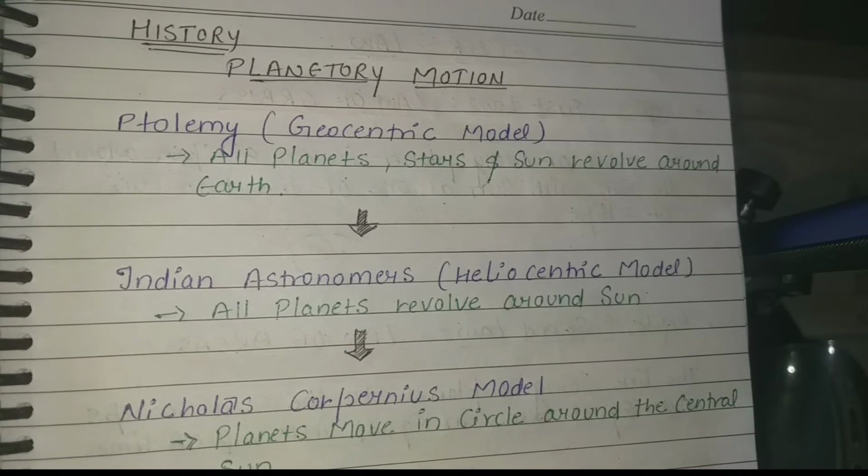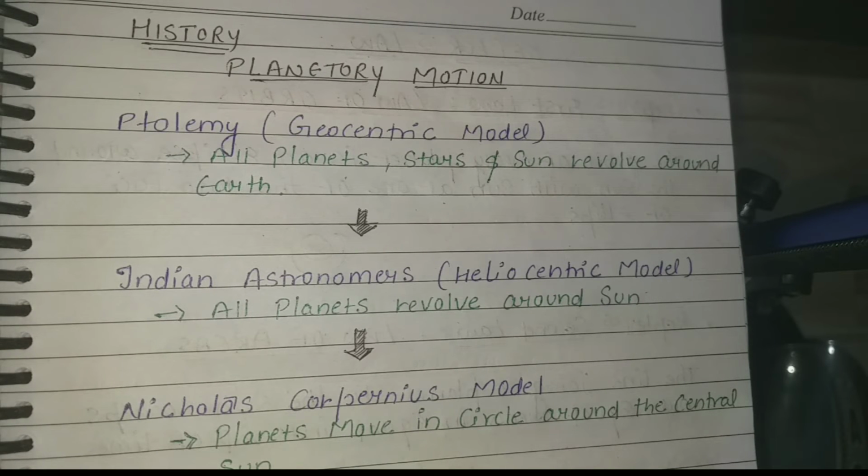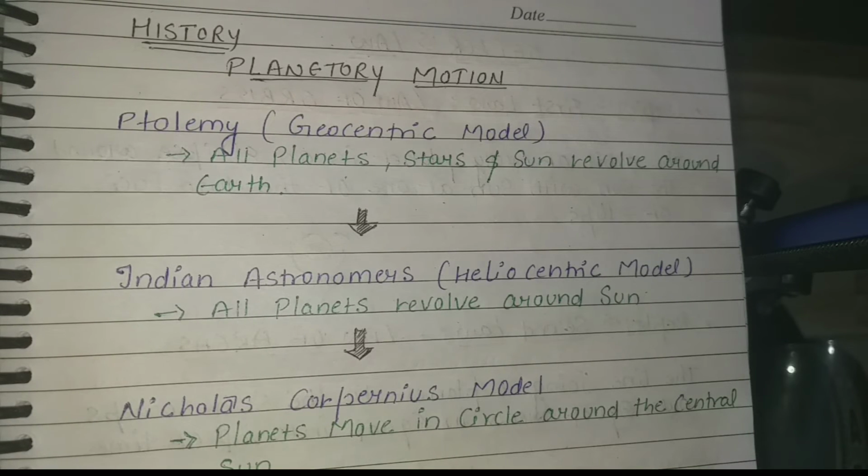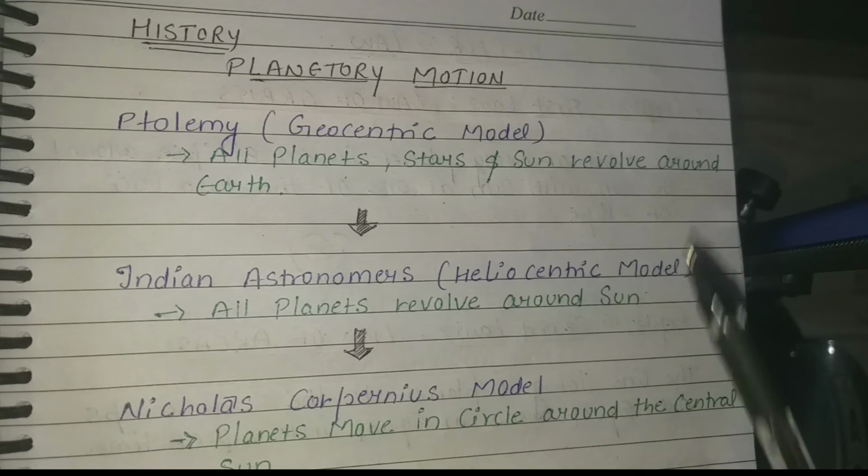Let's talk about the history of planetary motion. Ptolemy is the first scientist who discovered the geocentric model, in which he concluded that all the planets, stars and sun revolve around the earth.